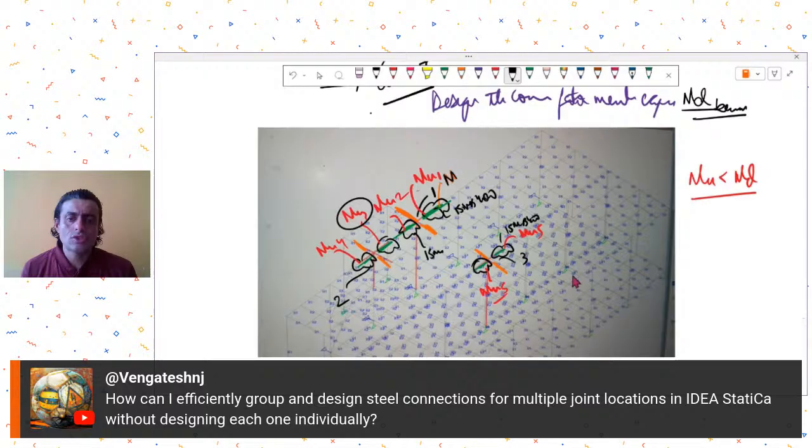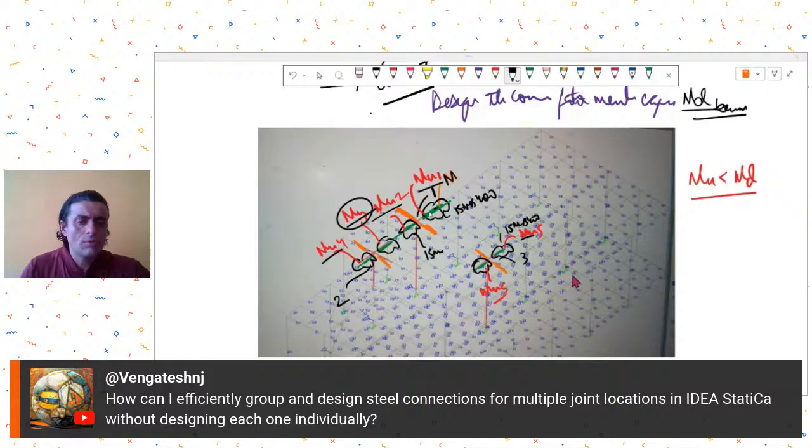Now this will again be slightly conservative because it may happen that the moments were variable. That means Mu3 was quite large in magnitude, Mu1 was smaller, Mu5 was even smaller, and so on. But then design wise, it will be efficient. Even fabrication wise, it will be efficient, because please understand that connections are very time consuming on site. Fabrication wise, assembly wise, connections are quite time consuming and difficult to execute.